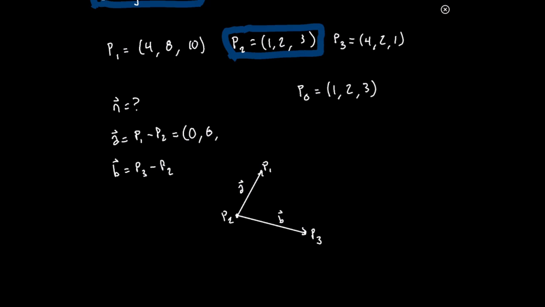And then 10 minus, oh wait, no, I'm subtracting the wrong vectors. So 4 minus 1 is 3, 8 minus 2 is 6, and 10 minus 3 is 7. P3 minus P2 is 4 minus 1 is 3, 2 minus 2 is 0, and 1 minus 3 is negative 2.